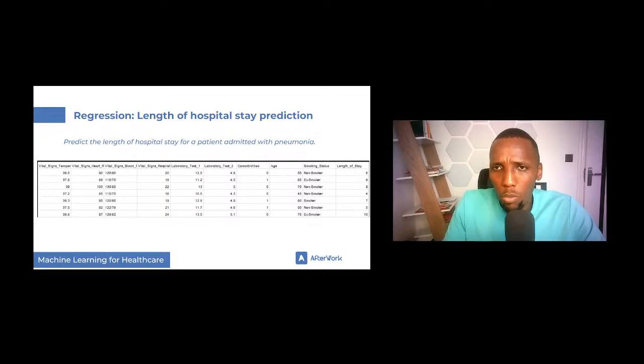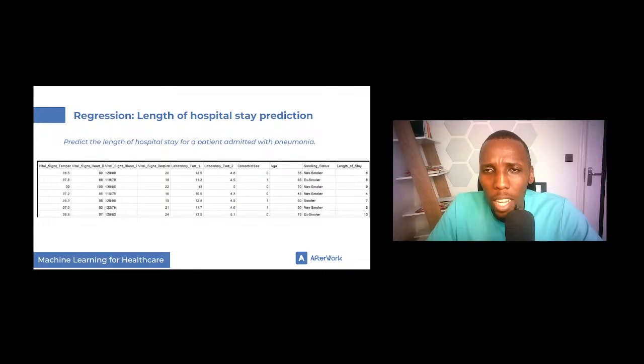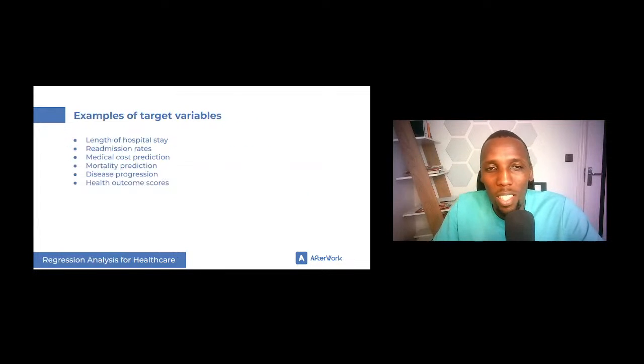Then we create a model that's able to predict that kind of variable. For problems that have that kind of dependent variable, we would use regression models to train our models, so you use a regression algorithm for such instances.